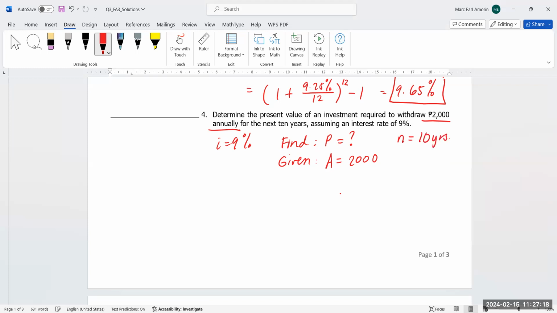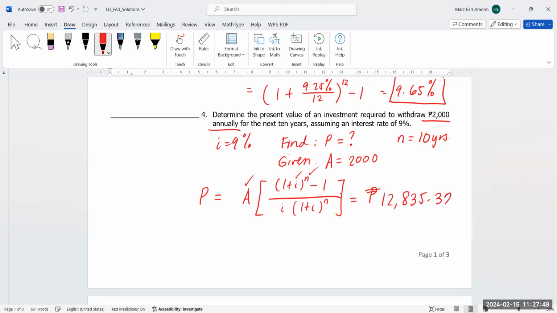So we have here A, and we are looking for P. So our formula to find P given A is that P is equal to A times 1 plus I raised to N minus 1 all over I times 1 plus I raised to the power of N. So substituting A, I, and N here in our formula, we should be able to get P equals 12,835.32 pesos.